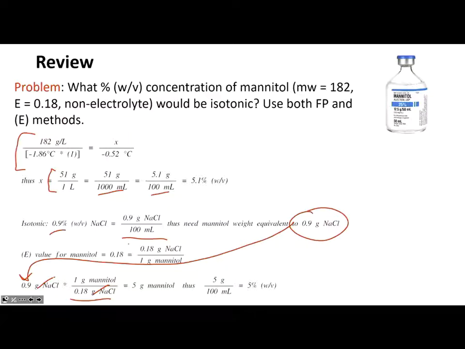And I would get 5 grams of mannitol. Remember, that's the amount of mannitol per what volume? We set this all up to be the same for the 100 milliliters, so I have 5 grams over 100 mils. That, by definition, is 5% weight per volume. So we came to essentially the same 5% value using both the freezing point depression method and the sodium chloride equivalent method. You don't seem thrilled. This is exciting, man. This is isotonicity.